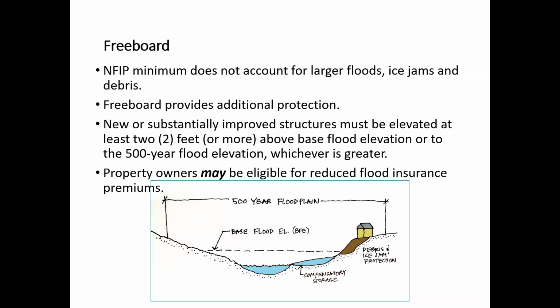If the community wanted to consider freeboard, that might provide some illumination on what would be adequate. And property owners may be eligible for reduced flood insurance premiums by doing this. I said may because NFIP is a federal program set by federal rules, they change.